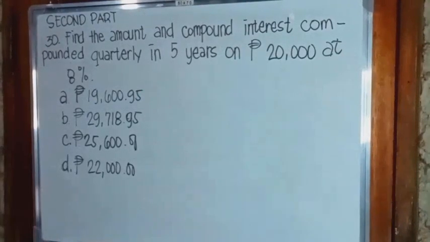Item number 30. Find the amount and compound interest compounded quarterly in 5 years on 20,000 pesos at 8%.